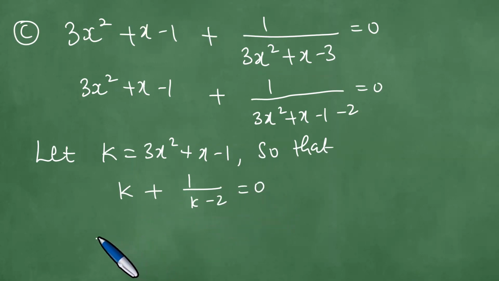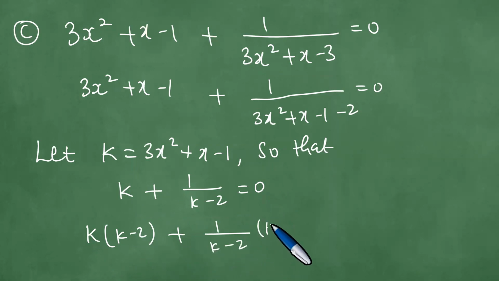And then what do you do here? We have k into k minus 2 plus 1 over k minus 2 into k minus 2 equals 0 into k minus 2. So we multiply through by k minus 2, multiplying both sides of the equation, but simultaneously multiplying each term of the expression.